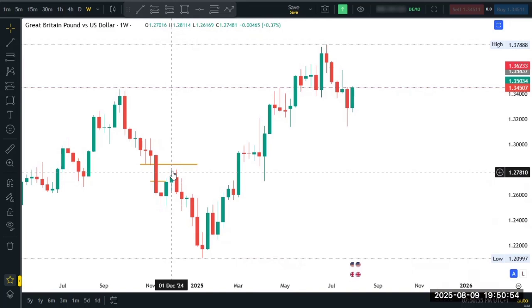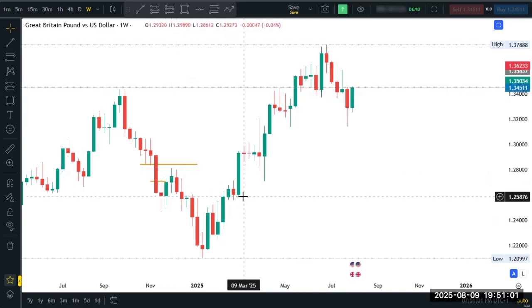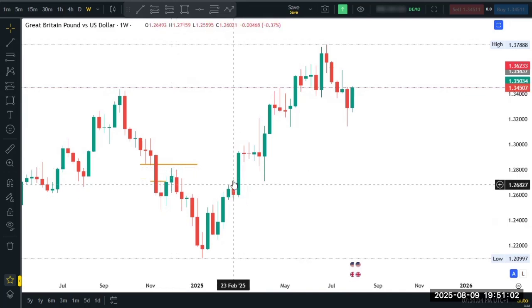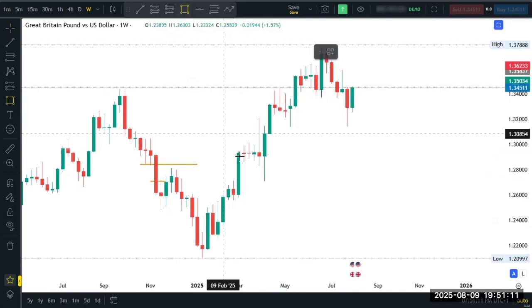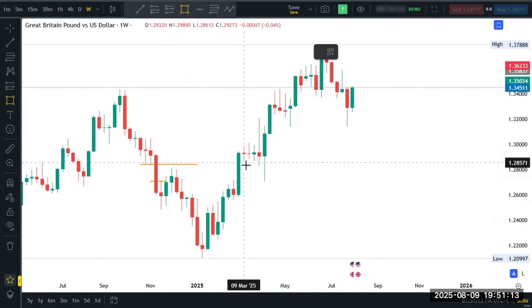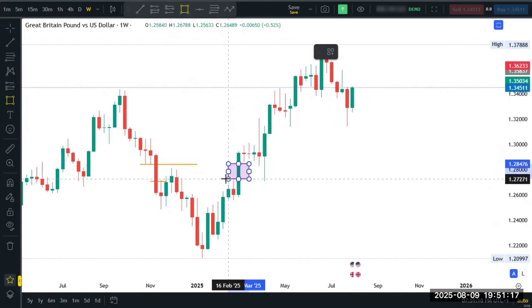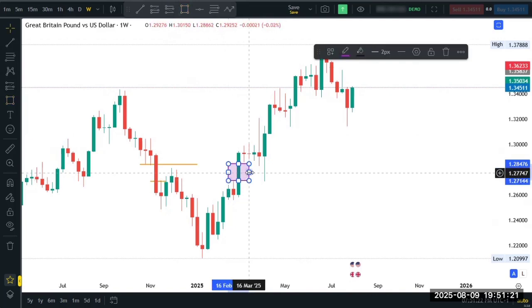If you're a beginner, you may not know about any of these things and you think price just moves for just moving sake. No, we can see the same thing happening here. There is a gap between this bearish candle and this other bearish candle again. If we are to draw it, we will see this is the end of the bearish. So I'm going to take my box there and now extend it to the top of this other bearish, and we'll see that there is a point there.